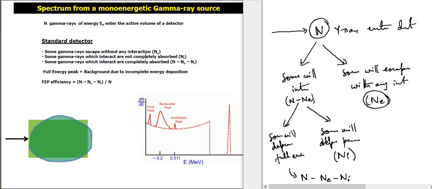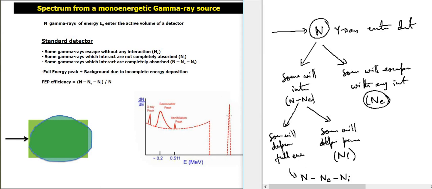See over here, this is what I am saying. And if you ask me, sir, what is the overall efficiency of this mechanism, just like in thermodynamics, here instead of efficiency we are talking about full energy peak efficiency. That means everything we want is over here, but unfortunately there will be the background.